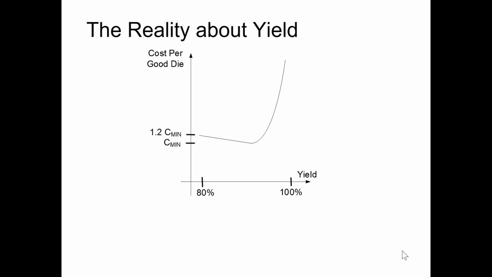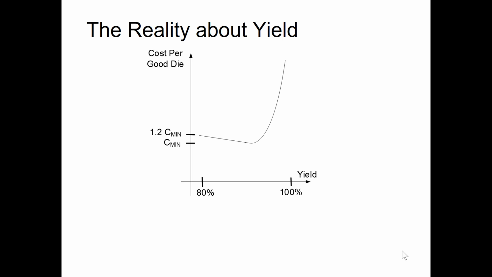Well, if you look at the cost per good die, it almost always will have a curve like this. So there's a big pressure to improve the yield, because for a fairly wide yield range of many products, improving the yield will improve the profitability. It'll reduce the cost per good die.